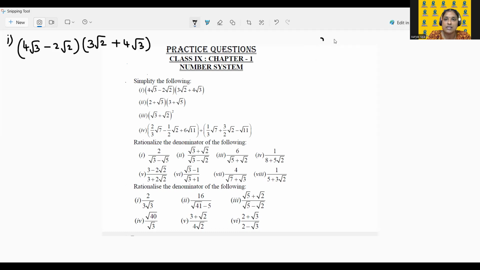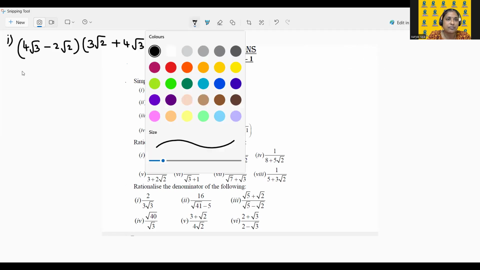We use a plus b into a as a times a plus a times b. The same way, we are going to expand using the distributive law. Okay, let me show you how.